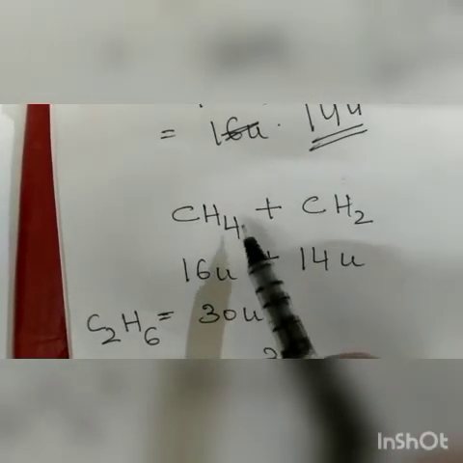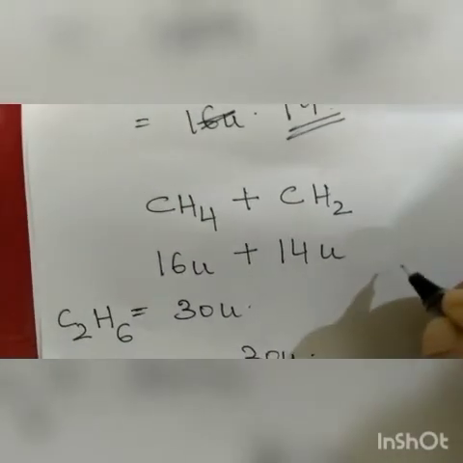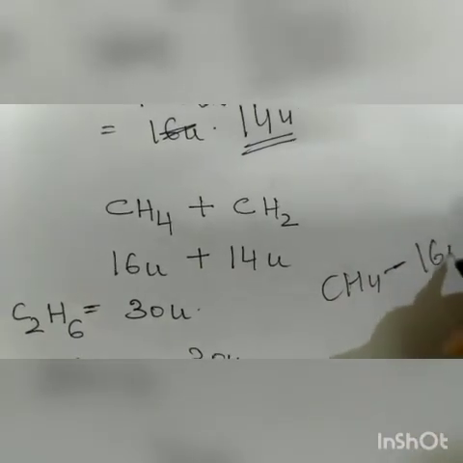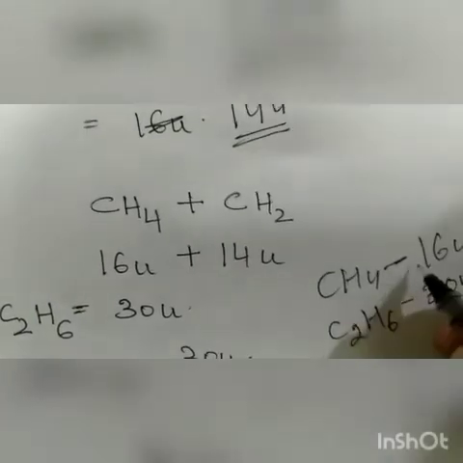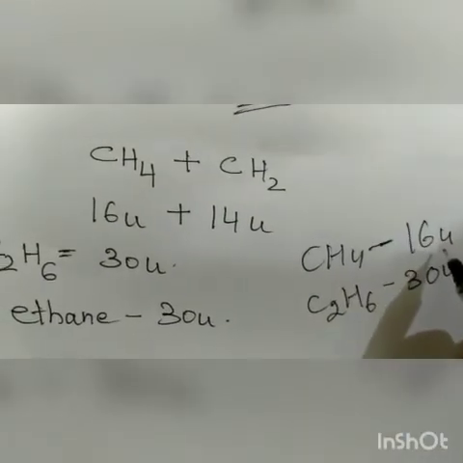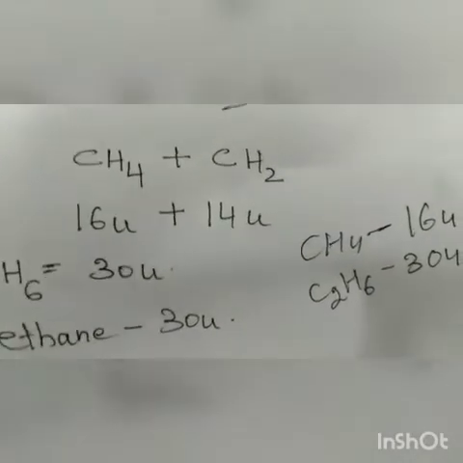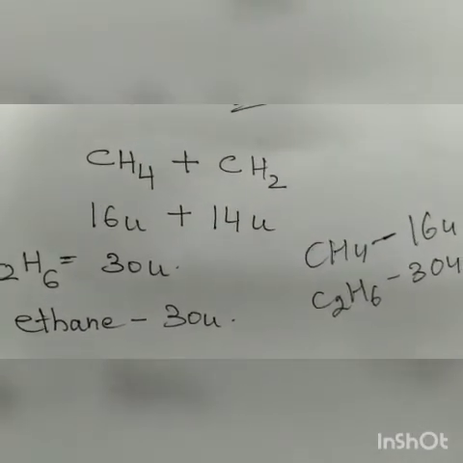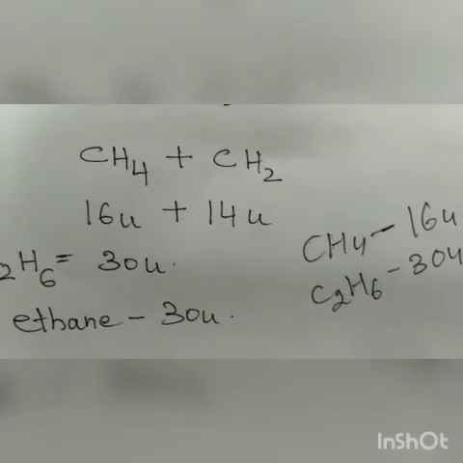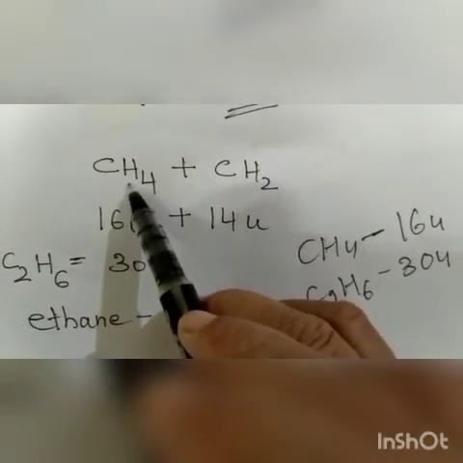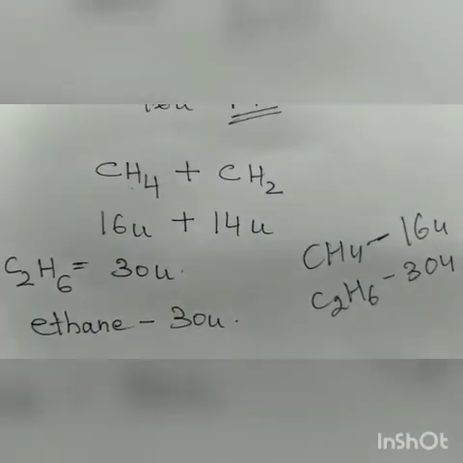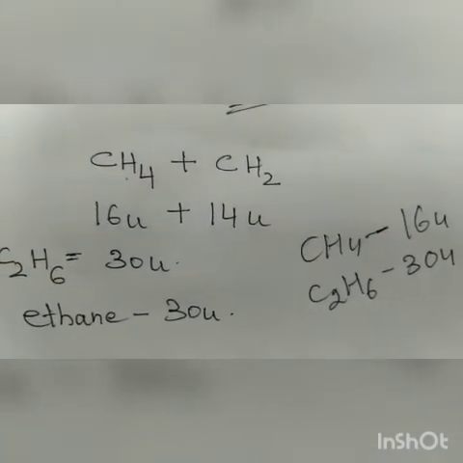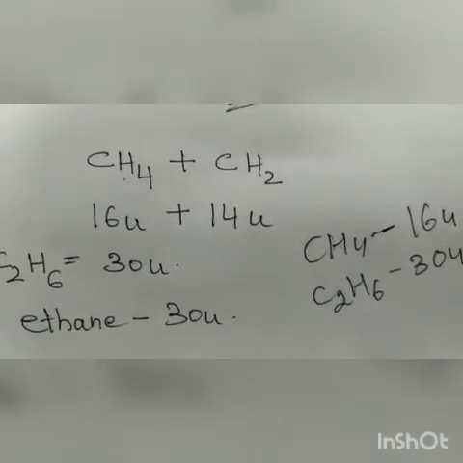So the mass of methane was 16 units and the mass of ethane is 30 units. So they differ by how many units? 14 units. In the same way you can calculate for propane, butane and other members. So if you know the mass of any one compound of the series, by adding 14 units you can calculate the mass of the other members. I hope it is clear to everyone.